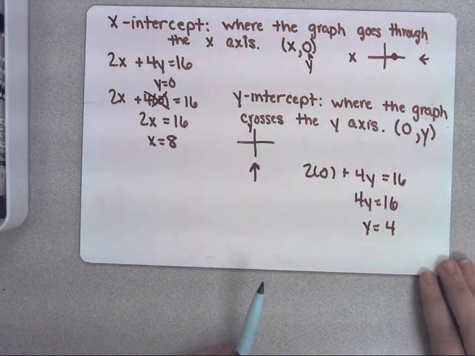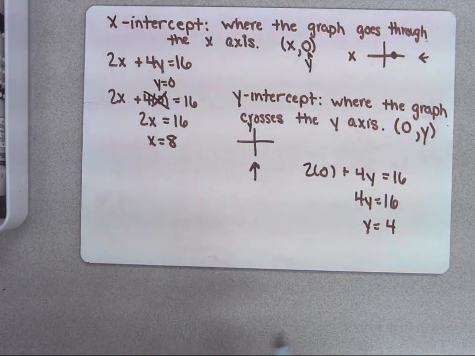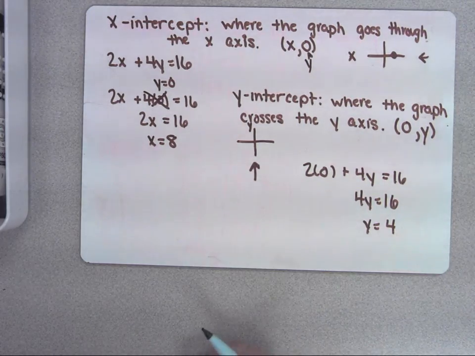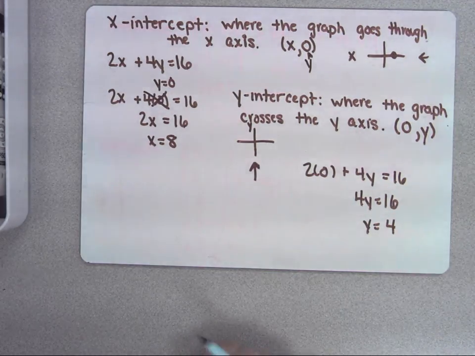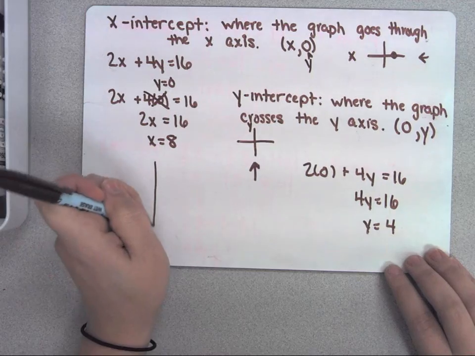Then, for giggles, it'd say, graph this. Can you graph this equation? Well, did you just find your x-intercept on your x-axis? Did you just find your y-intercept on your y-axis? How many points do you need to make a line? Did we just find 2 points? Heck yeah, we did. That's all you need, which is why I give you that.